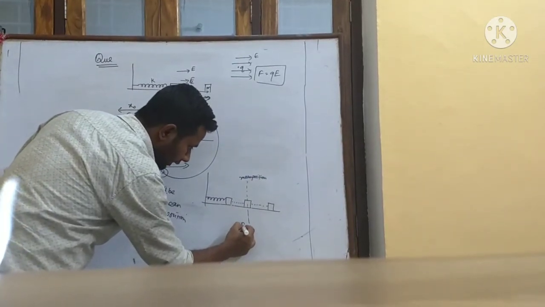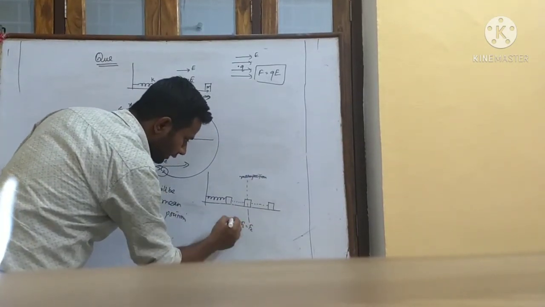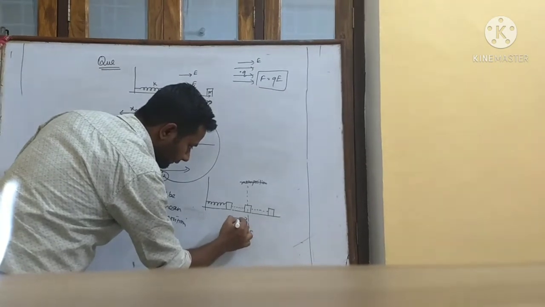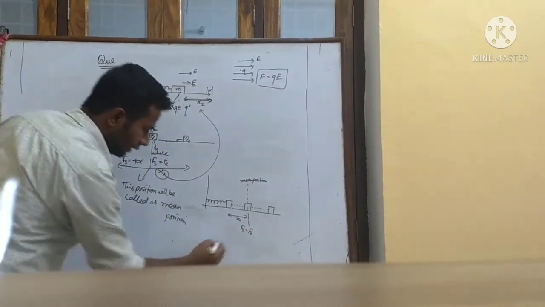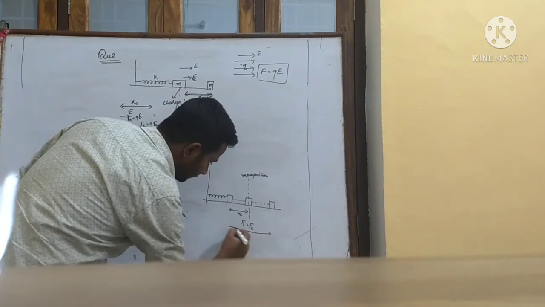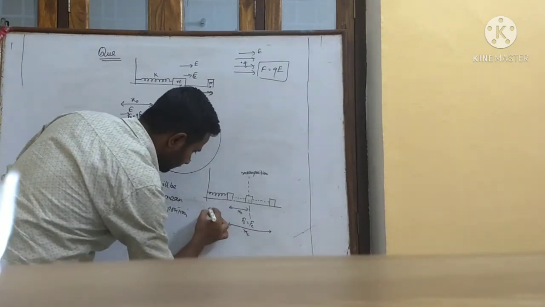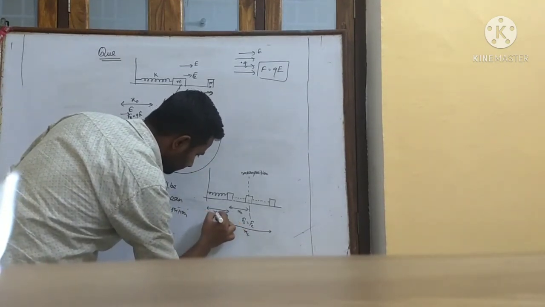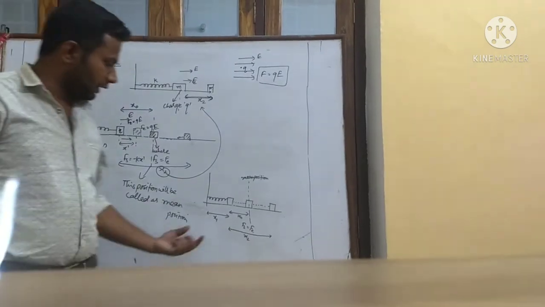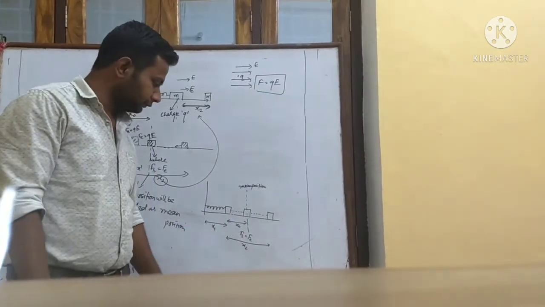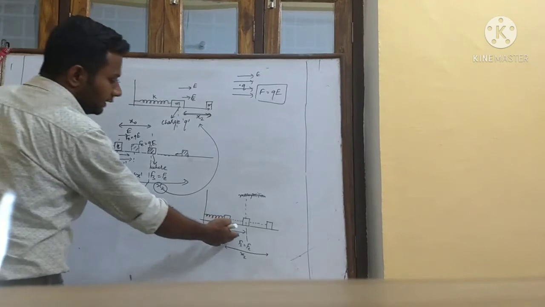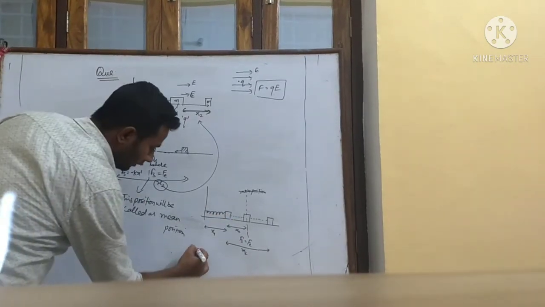At this point, Fs will be equal to Fe. Suppose the distance is x0, and I am taking the other distance as x2 from the previous part. So now we have to find the x0 value.